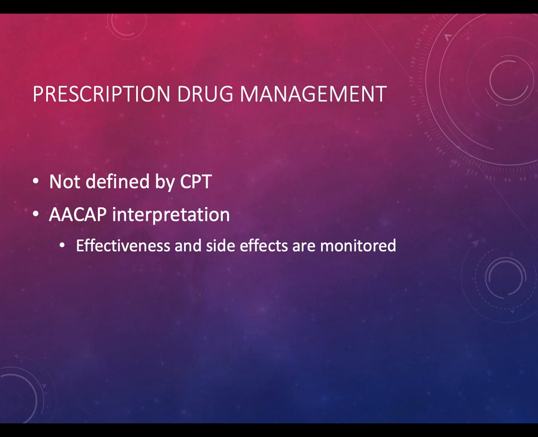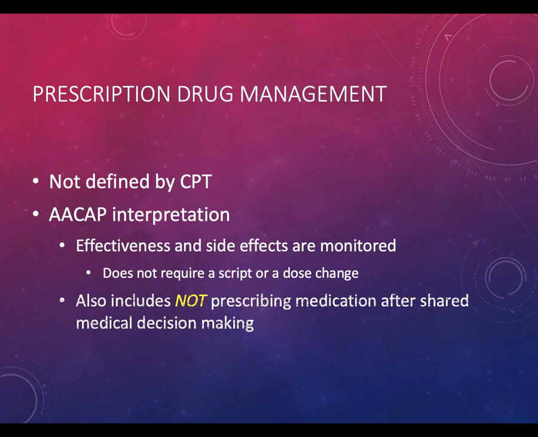The ACAP interpretation is that prescription drug management includes monitoring effectiveness and side effects of one or more prescription medications, but does not require a script, either new or renewal, or a dose change during the encounter in question. Alternatively, prescription drug management also includes not prescribing medication after documented shared medical decision-making at the encounter.